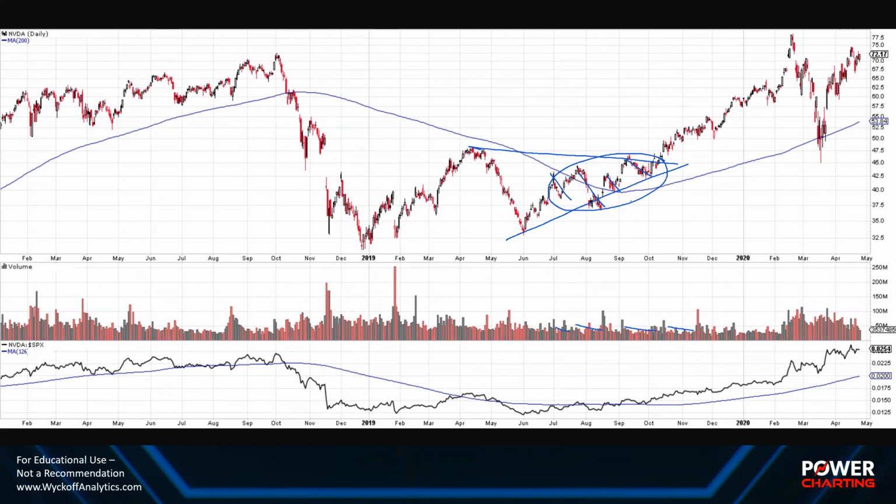And then you get this beautiful breakout. And that breakout right there is one after a backup that you want to be accumulating, and accumulating the lower lows that we have back there in May, June, August, and so on. We want to be in alignment with the activities of the composite operator.